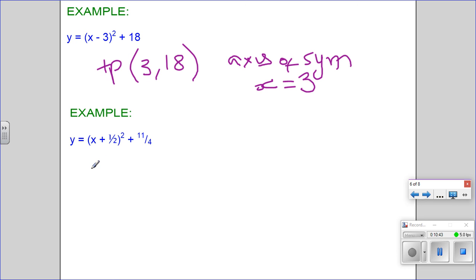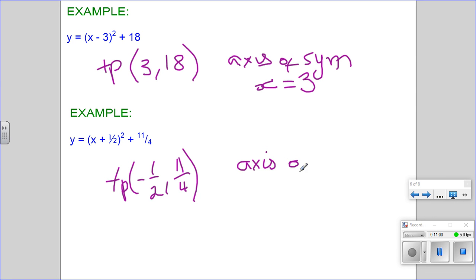So our final example, (x plus a half) all squared plus 11 over 4. Our turning point is negative a half, 11 over 4. So the opposite of what p is and then what q is. And then our axis of symmetry is at x equals negative a half.